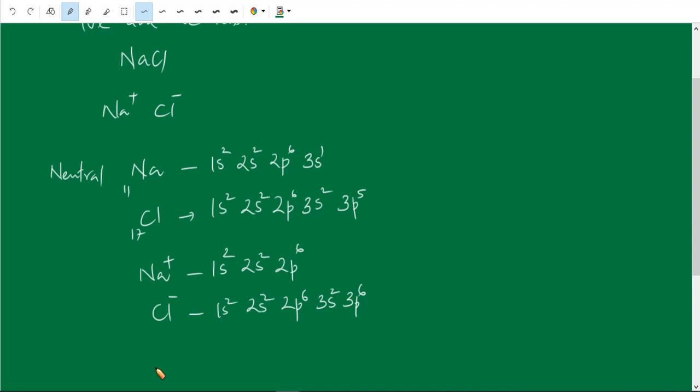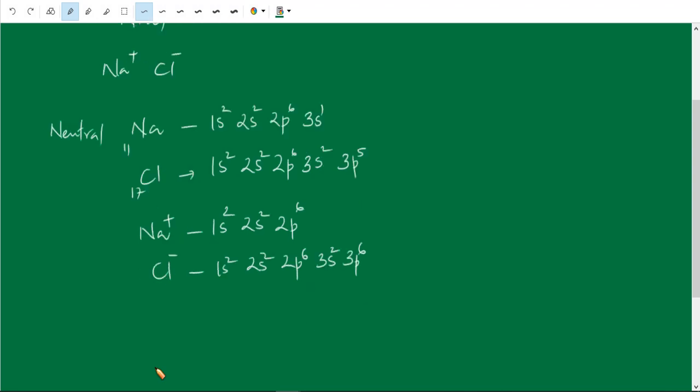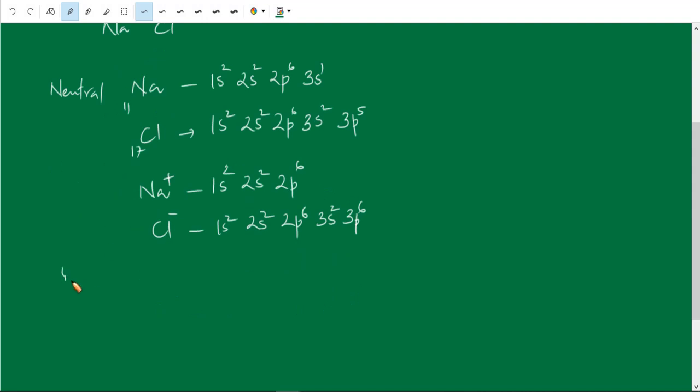Now the charge distribution on each ion in an ionic crystal has approximately spherical symmetry. As we said, the electronic configuration is similar to that of an inert gas.